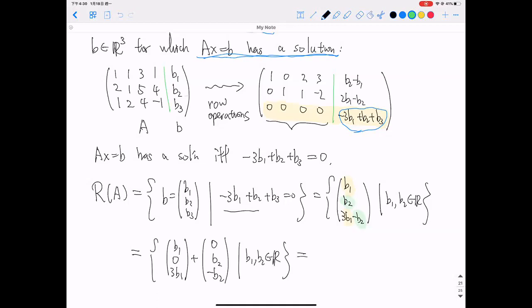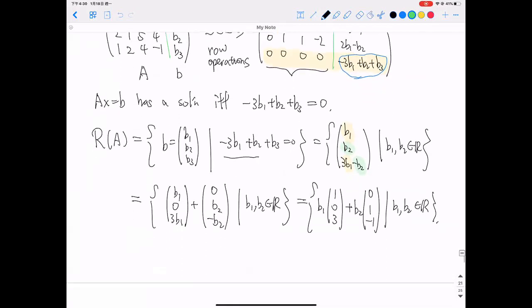And finally, you can factor out b1 and b2, and get this description of the range of A. And guess what? It just happens that this example is yet another example of the span, the span of two vectors.